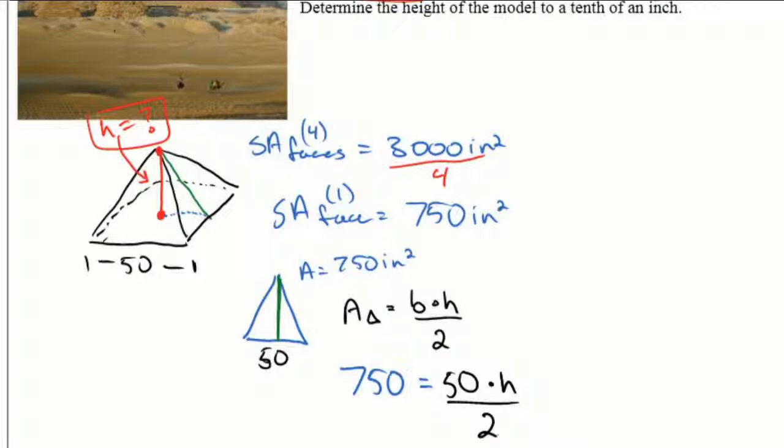So I have this 2 on the bottom. The opposite of dividing by 2 is multiplying both sides by 2. So I'm going to do that, and my 2's are going to cancel. End up with 750 times 2 is 1500, is 50 times the height.